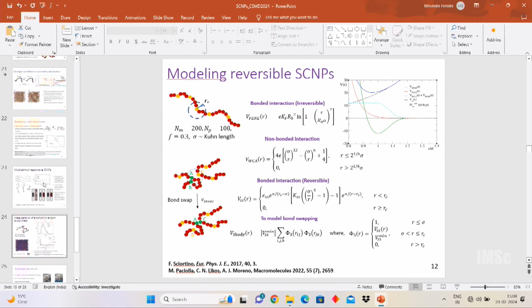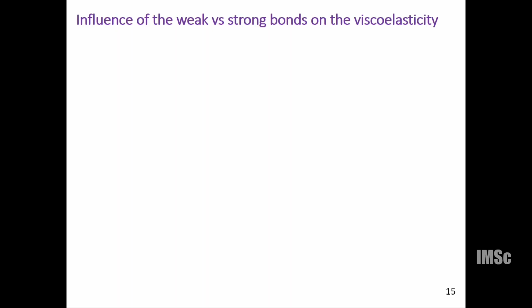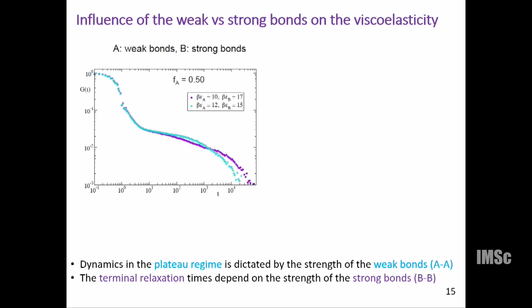If you look at the stress relaxation profile of these networks of Vitrimers, they have two relaxations. There is a plateau regime here, and then it relaxes. This is a signature of having a transient polymer network. That is a signature that we have a Vitrimer-like system, basically.